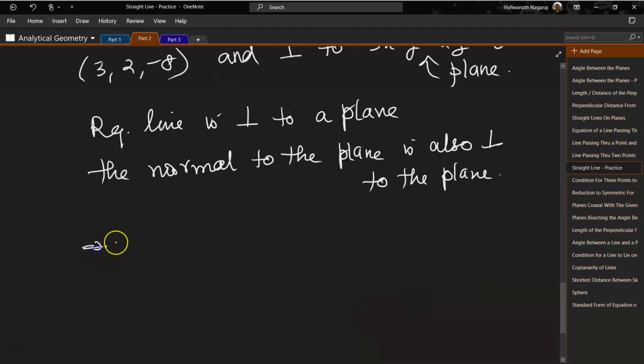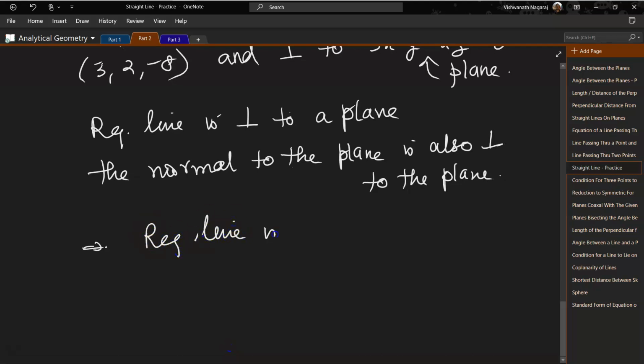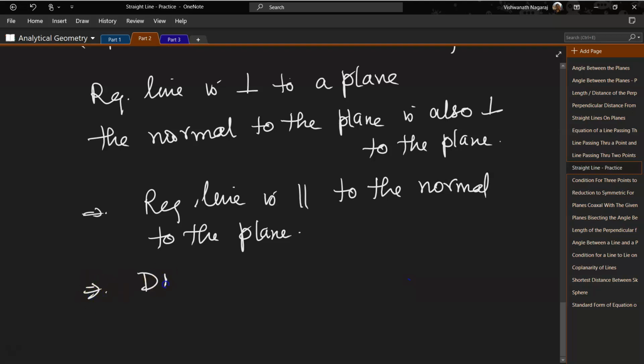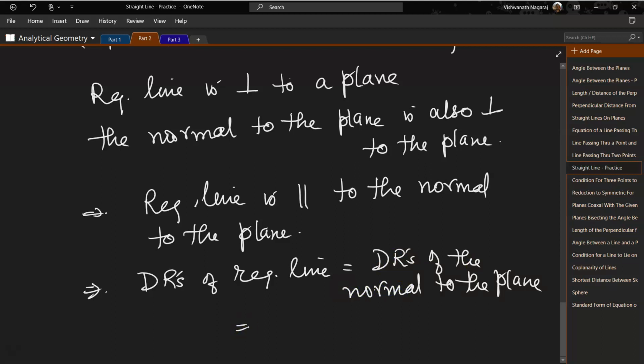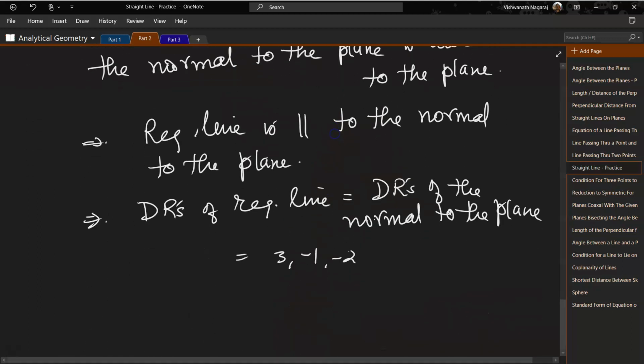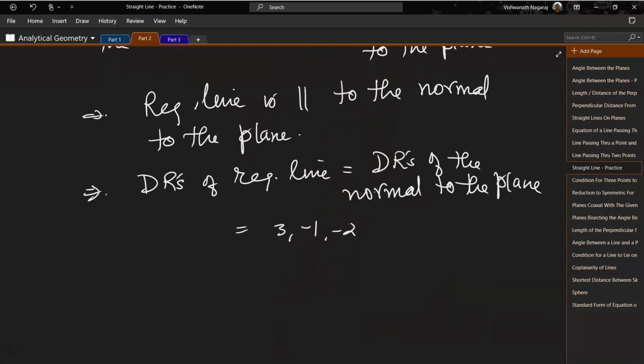What does that mean? It means that the required line is parallel to the normal to the plane. That means the DRs of the required line are equal to the DRs of the normal to the plane, which is nothing but 3, minus 1 and minus 2. These are the coefficients.